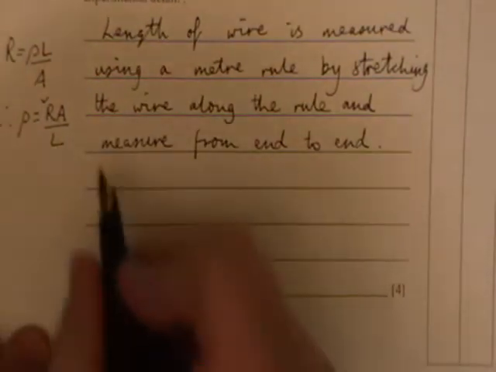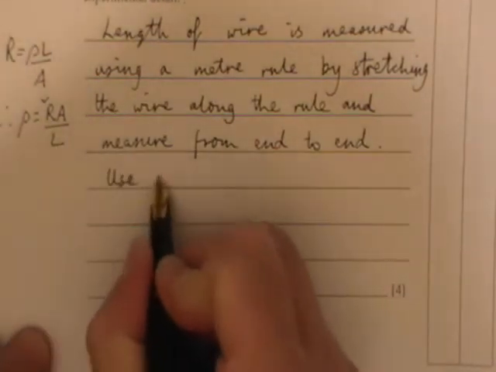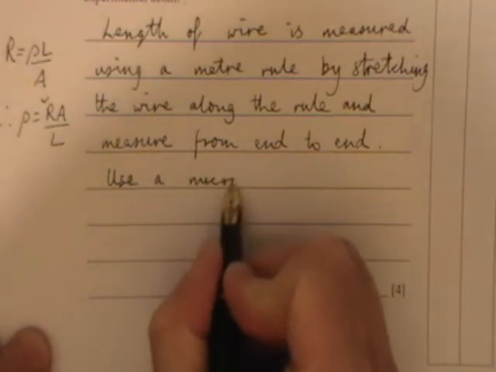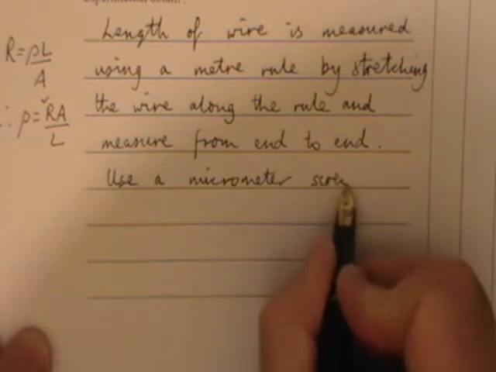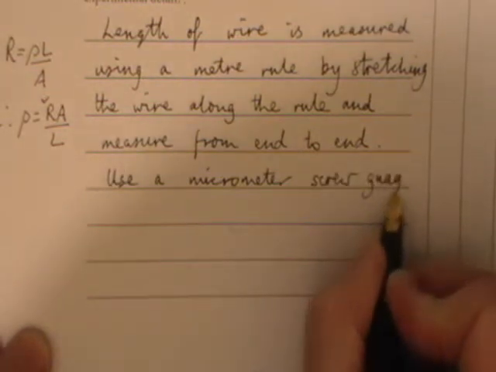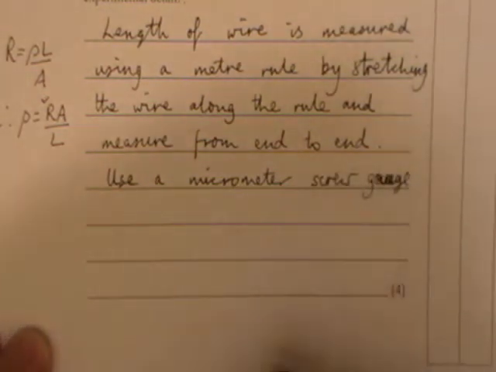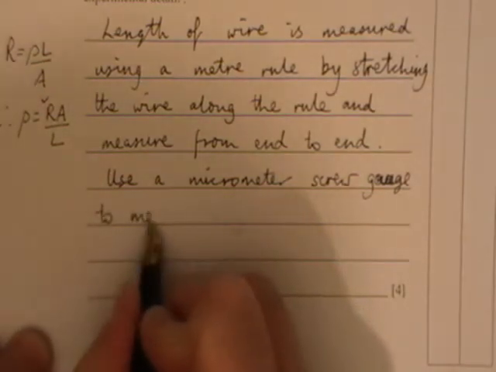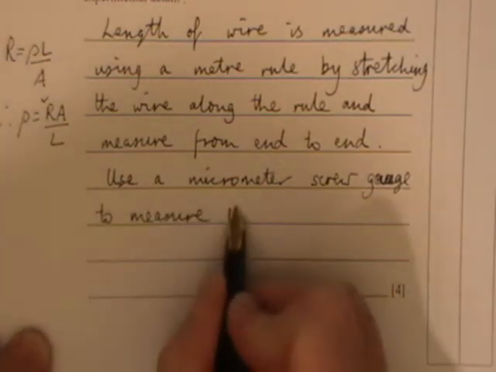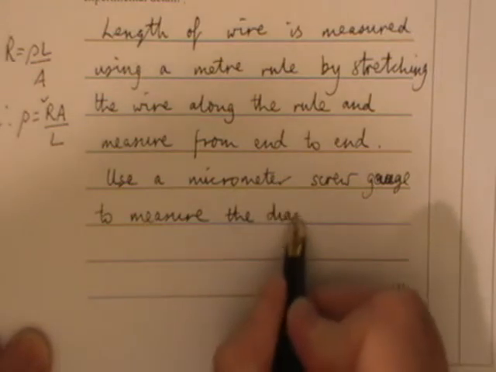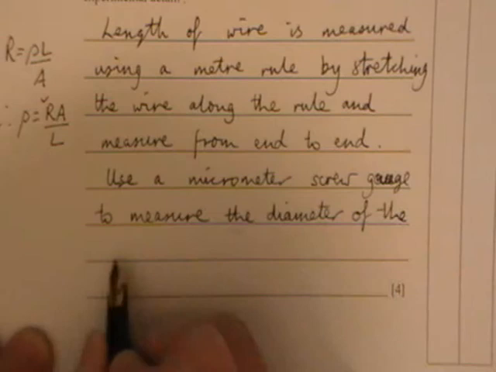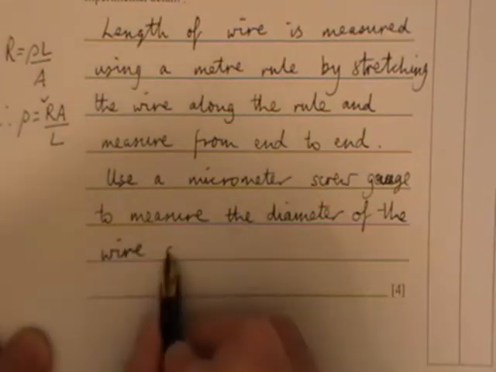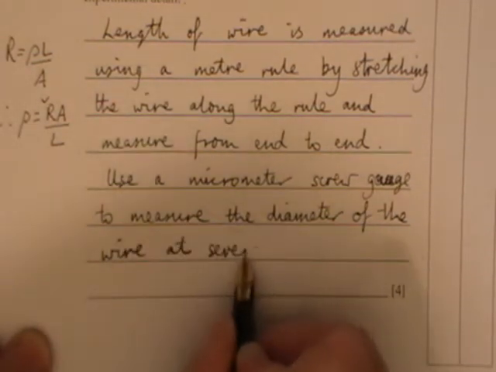Cross-sectional area then, using a micrometer screw gauge, to measure the diameter of the wire at several points along the length.